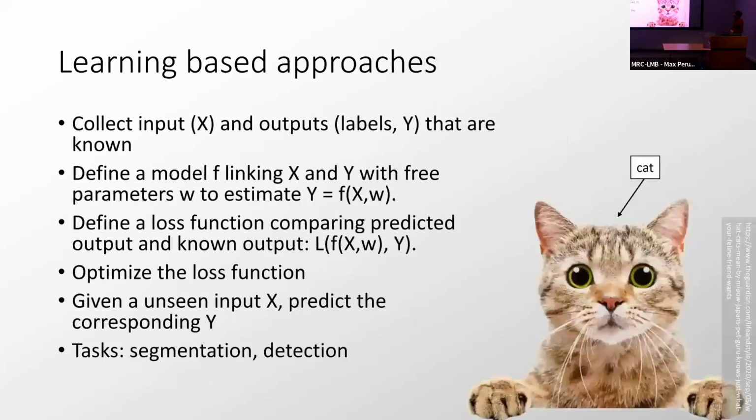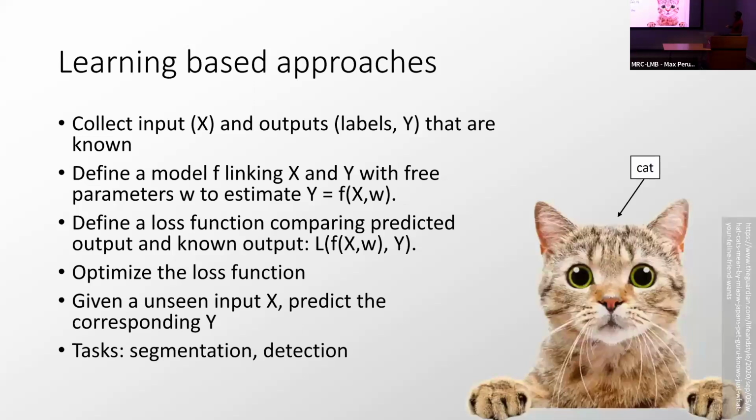There are some other techniques which are learning based. Here we will collect some inputs and some outputs which are known. Either you manually define them, so set the label, for example, manually, and you will define a link between the input and the output with a free parameter W here that you want to estimate. I put W for weights, like it's usually in neural networks now.